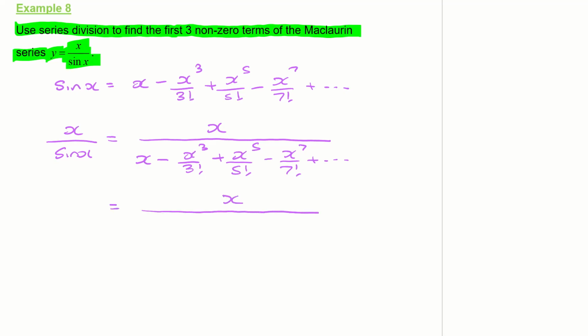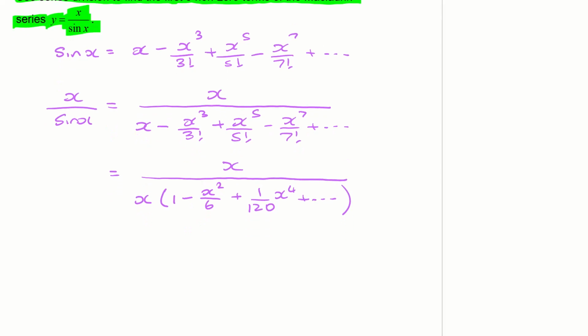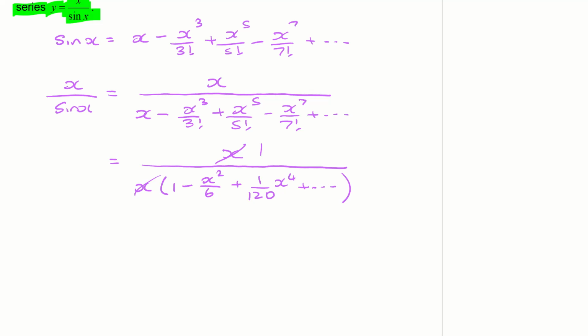Now, I could take out a common x from this series on the bottom, and then I would have 1 take away x squared on 6 plus 1 over 120 x to the 4, and I don't actually need any more than that, because we're only going for 3 terms, and the x's cancel, and so that gives me 1 over 1 take away 1/6 x squared plus 1 over 120 x to the 4.